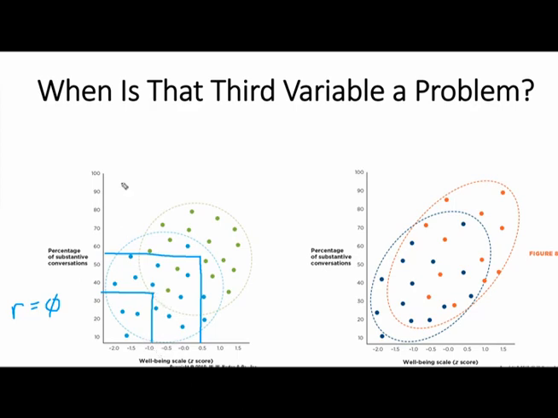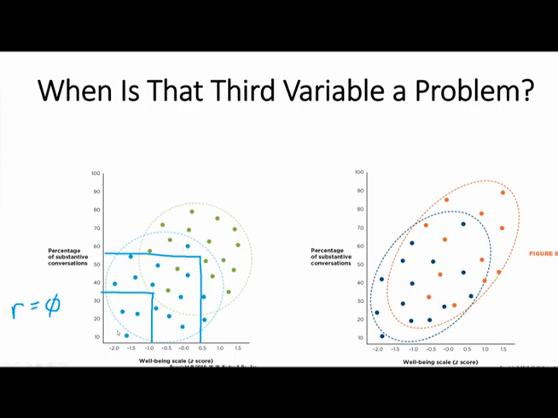And so what we've said here is that by considering that third variable, by considering education, our relationship disappears. So this relationship, we can actually call it a spurious relationship between deep conversations and well-being, because that relationship only existed because of education.